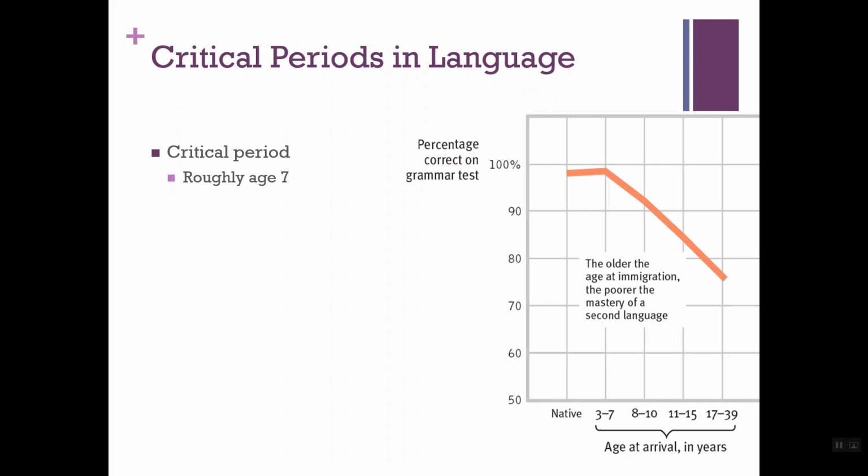But we do know that there is a critical period in learning language. Okay, so roughly, and again, this is just a rough estimate, around the age of 7, this seems to be the cutoff period for learning and or mastering a language.